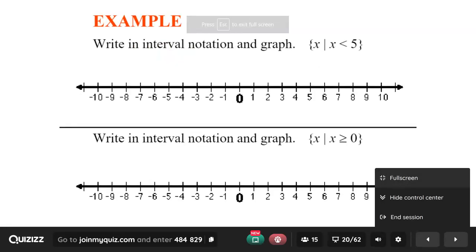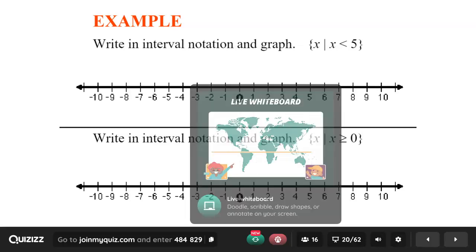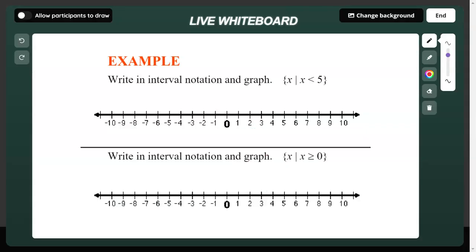Okay, so this was the last thing that we saw yesterday, the interval notation and graphing the sets using interval notation. When we left off with this example, we had all values of x such that x is less than 5.